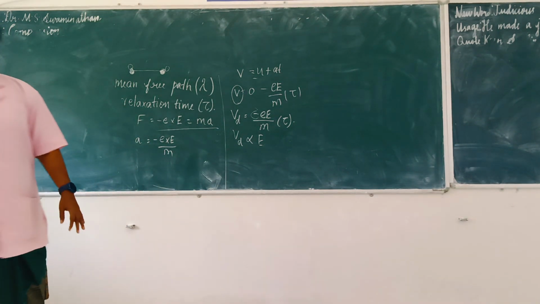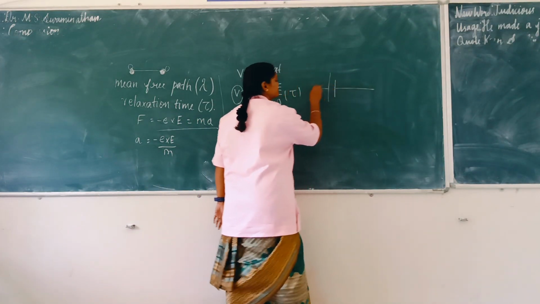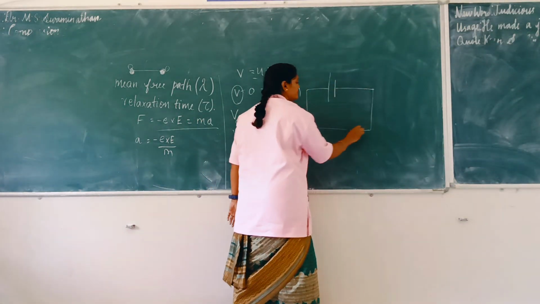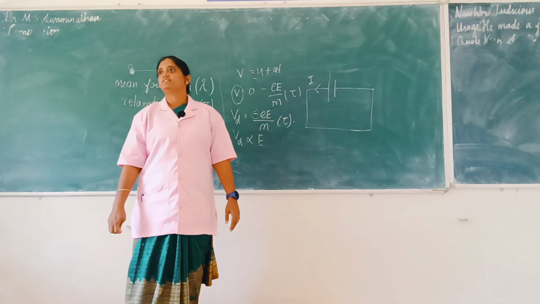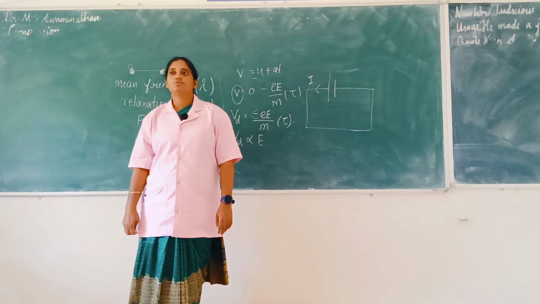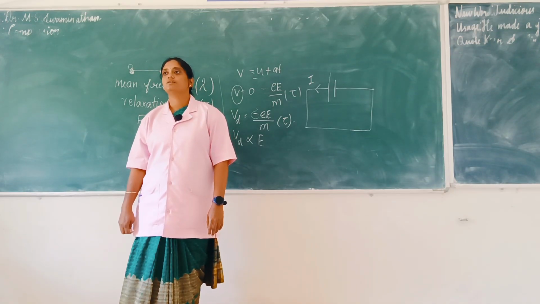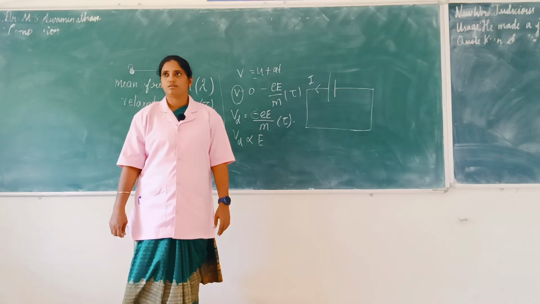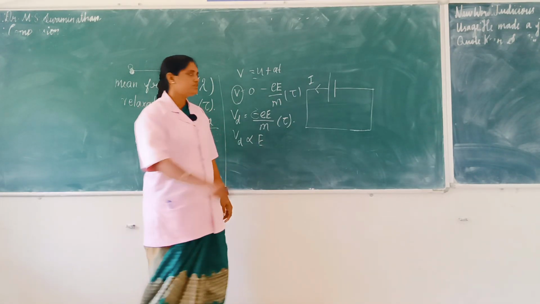Exactly. So the electrons, so this is the conventional current direction, isn't it? What will be the direction of electric field here? Positive to negative.